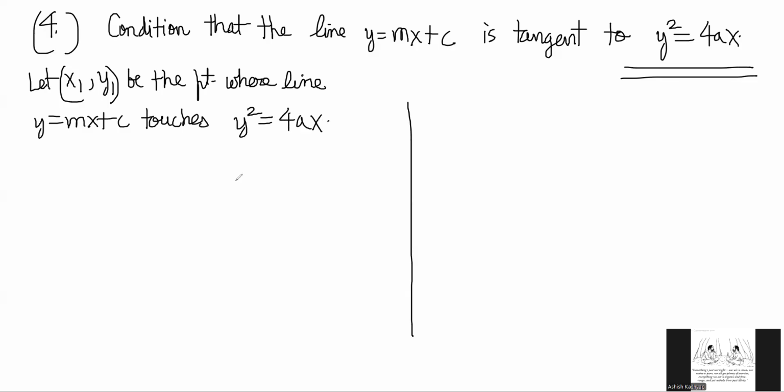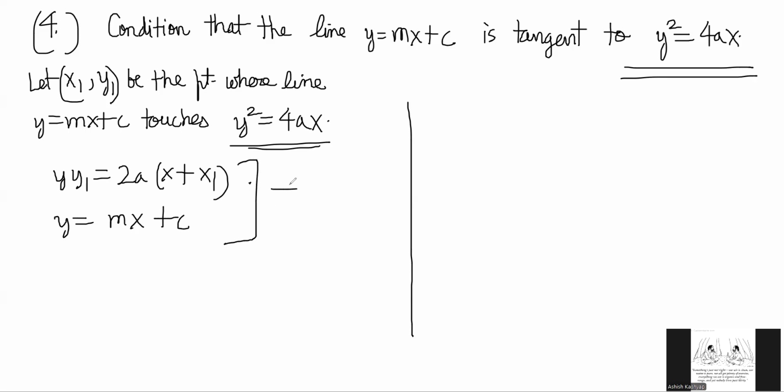So the equation of tangent at x1, y1 to this parabola, we already know, is y y1 is equal to 2a times x plus x1. We have already seen that. And since the tangent equation is also y is equal to mx plus c, both these lines mean the same thing. Both these equations coincide.